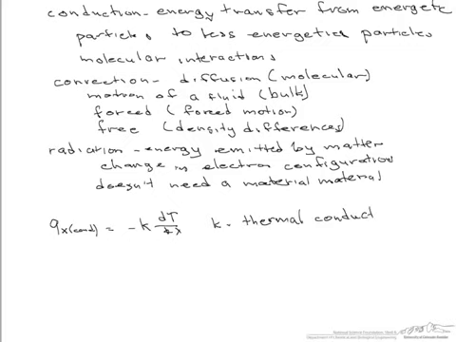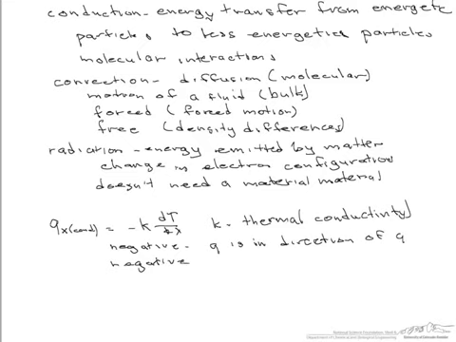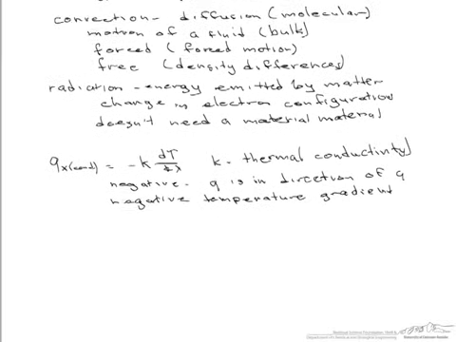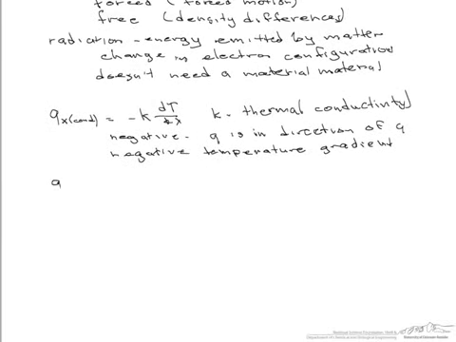And if you notice, there is a negative sign, and the reason that this is negative is that the Q, or the heat transfer, is in the direction of a negative temperature gradient. What does that mean? That means that this heat transfer is caused by going from some higher temperature to a lower temperature.